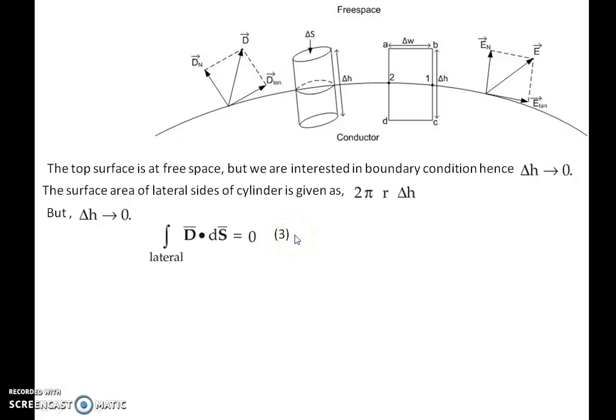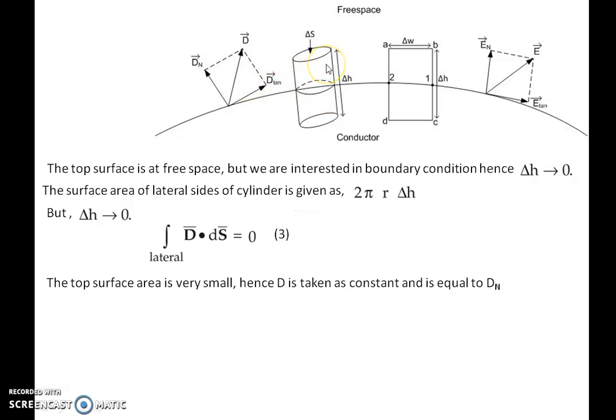Now what is left? Only the top surface remains. The top surface is normal to the normal component, so Dn is normal to this surface area. I can take the flux density component flowing through this area as Dn, and take it as constant.